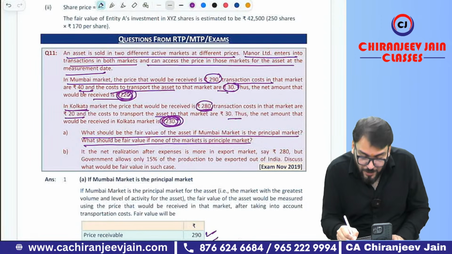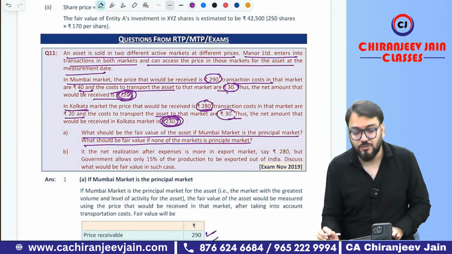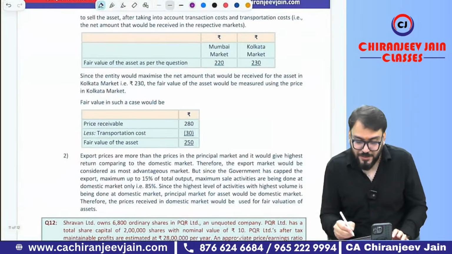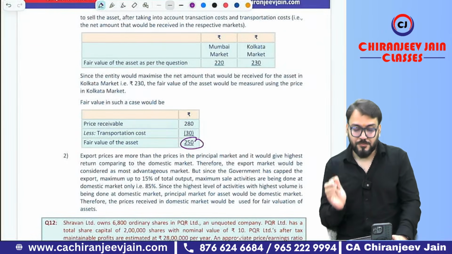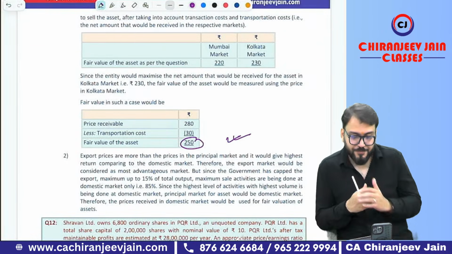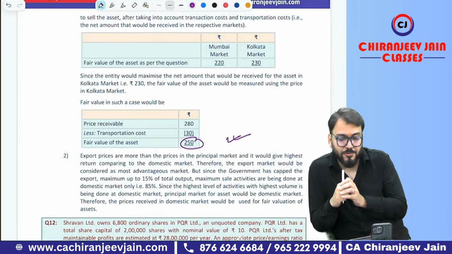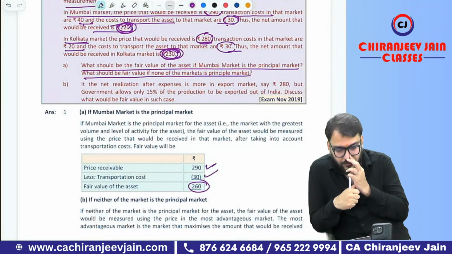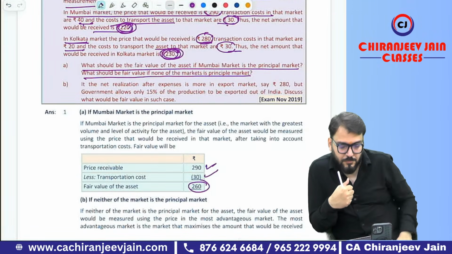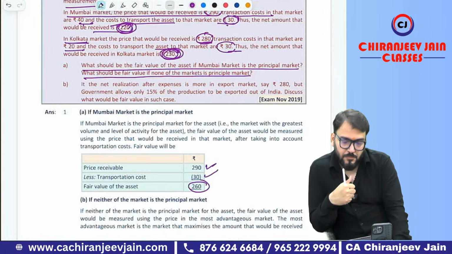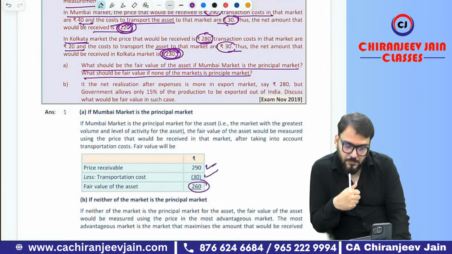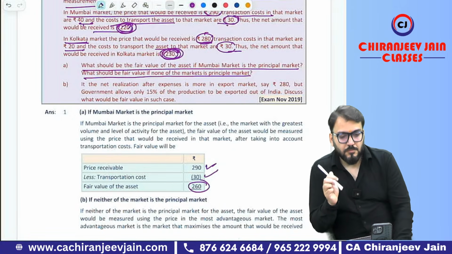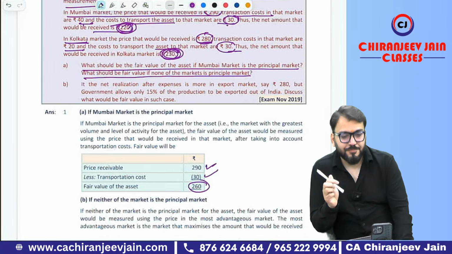Now the fair value will be 280 minus 30, that is 250. 280 minus 30, that is 250. Understood? Have you understood this part? Any doubt? Have you understood this part?